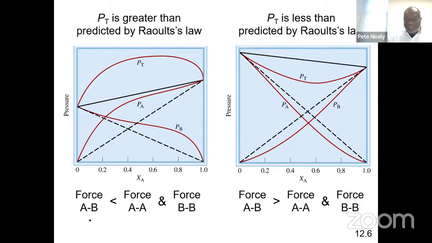So we say that this solution exhibits a positive deviation from Raoult's law.